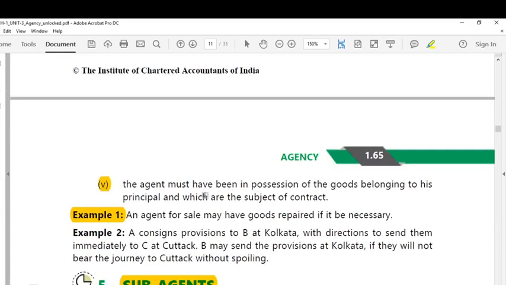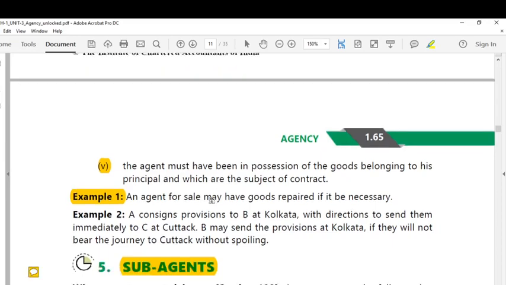And finally, the agent must have been in possession of the goods belonging to his principal and which are the subject of a contract, right? So if you see an example, an agent for sale may have goods repaired if it is necessary. So that is one instance where emergency situations will create agency between the persons as principal and agent.